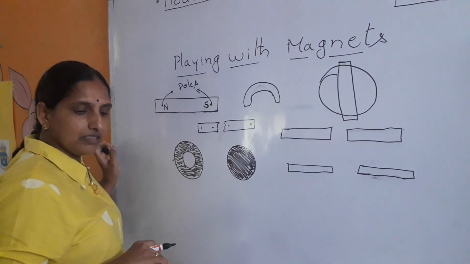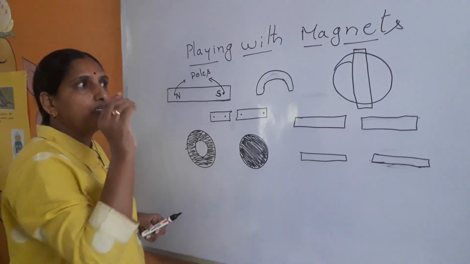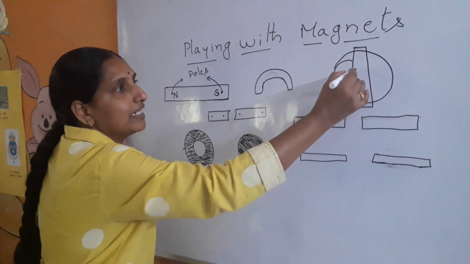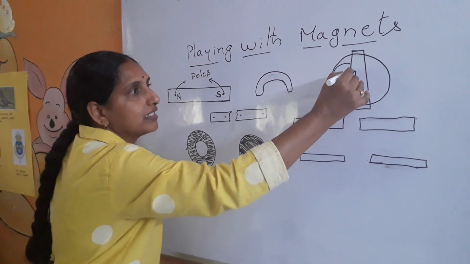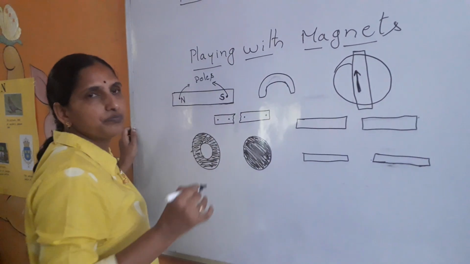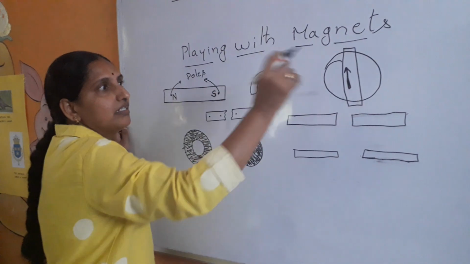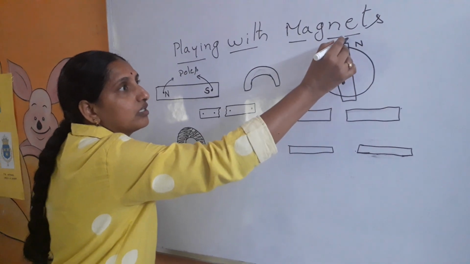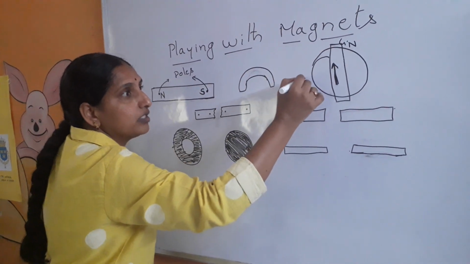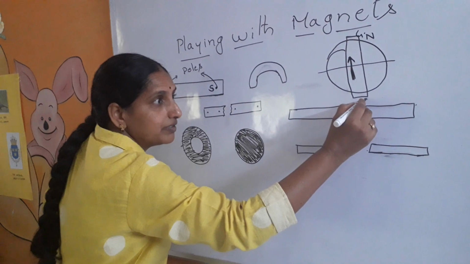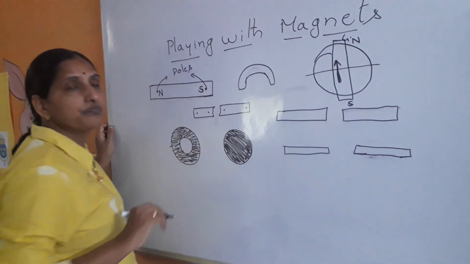Whenever you put another magnet here, it gets attracted towards it, and thus your needle is showing this direction. And this point where it is showing, we said it as geographic north, means earth's north. You know hemisphere, right? This is the northern hemisphere, this is the southern hemisphere, earth's south.